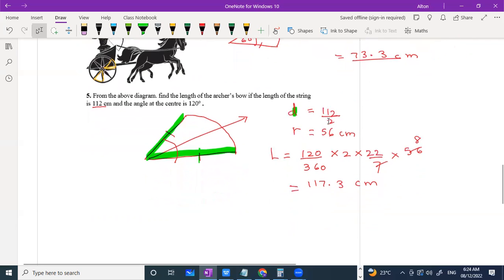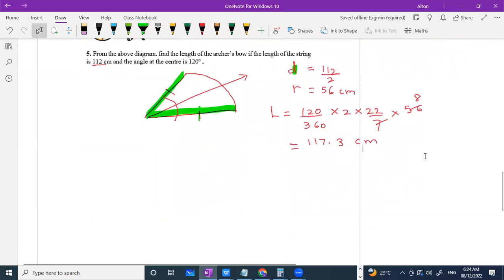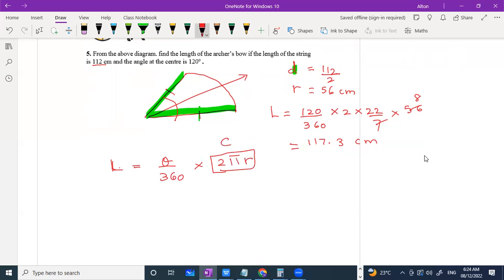Okay, so in that last question, I want to show you something there. Remember, we were working with diameter, and let's just do a little review on the formula for the length of the arc. So this formula, L is theta over 360 multiplied by 2 pi r. So 2 pi r is really our circumference, which we said could also be represented by pi by diameter.